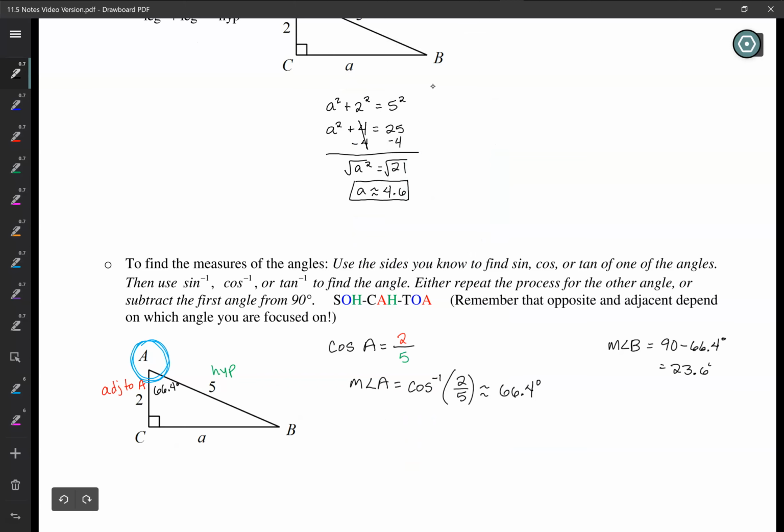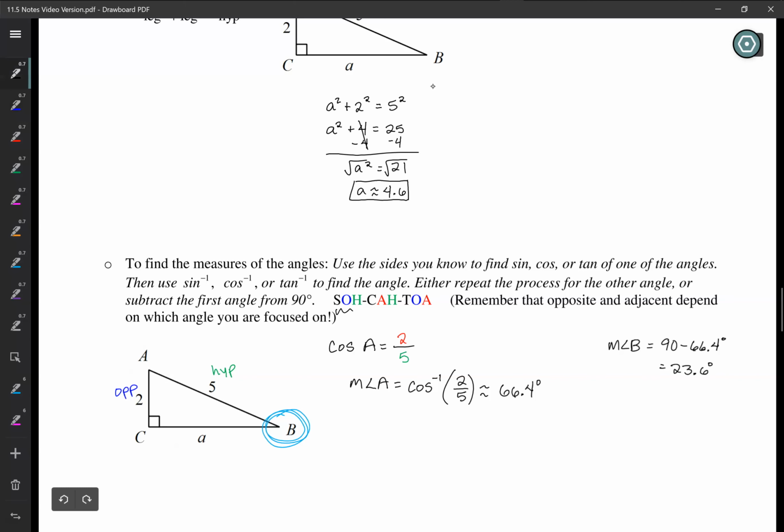And that certainly works. But I want to point out that there is another way that I could do this, and that is, let's stop focusing on A, and let's focus on B now. If I'm looking at B, well, the 2 isn't adjacent, the 2 is opposite. So I've got opposite and hypotenuse.